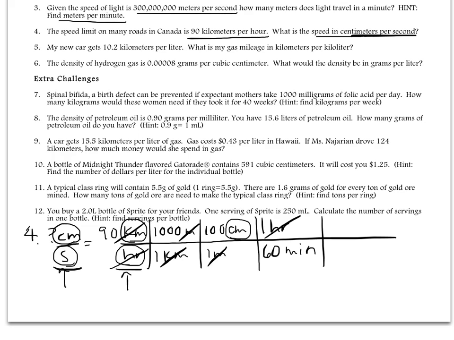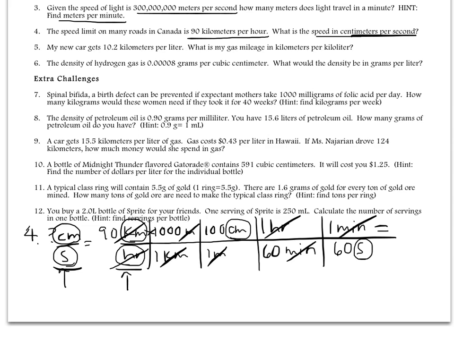Alright, that doesn't get me quite there. I still need to go from minutes to seconds. So I know that in 1 minute, there are 60 seconds. Cancel my minutes out, and now I'm finally ready to solve, because I have centimeters in the top and seconds on the bottom. Right? So this is going to be a lot of multiplication and division here, but just stick with it.